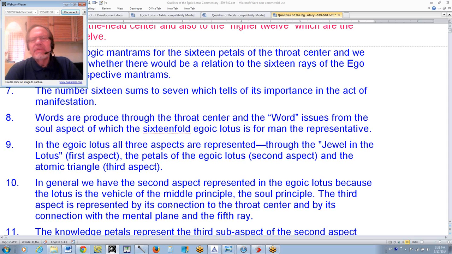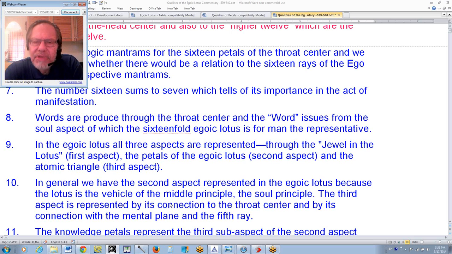Sometimes the synthesis petals are included with the jewel in the lotus as the central unit, and altogether they represent the first aspect, and then the 9 petals represent the second, and the atomic triangle the third. And there are ways to divide the petals, we know, so that the 9 petals represent the 3 aspects, sacrifice, love, and knowledge, 1, 2, 3.